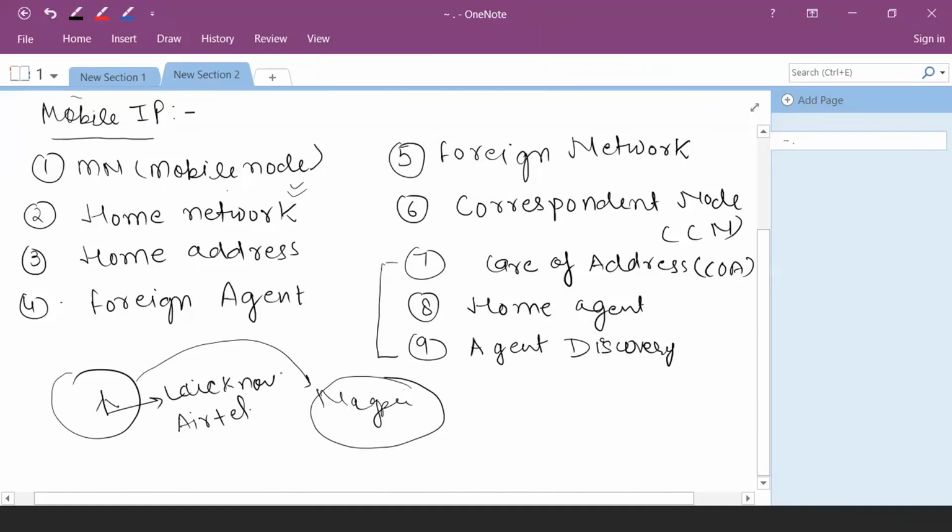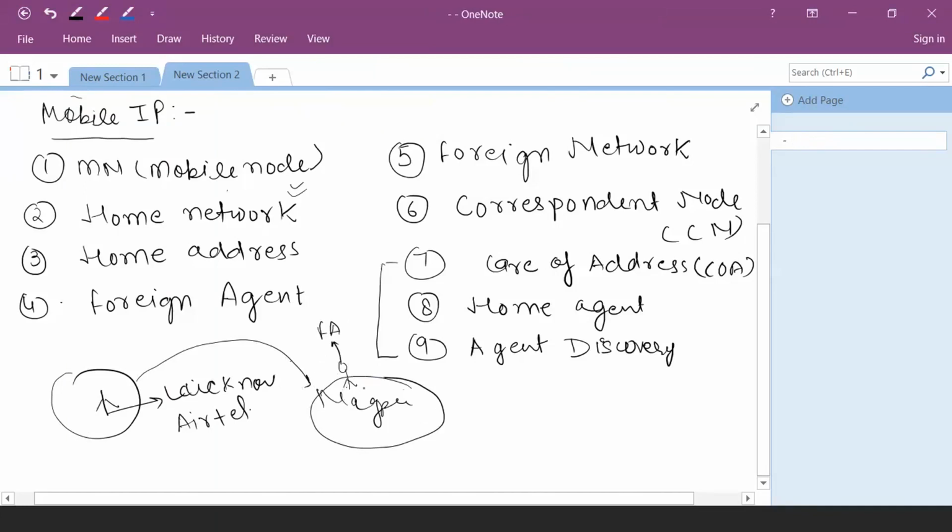Now I am connecting to the Nagpur base station in order to get the services. In this area, there is a router that is responsible for allocating me a new IP address and all the basic services like the data services or the call services. That is the responsibility of the foreign agent.